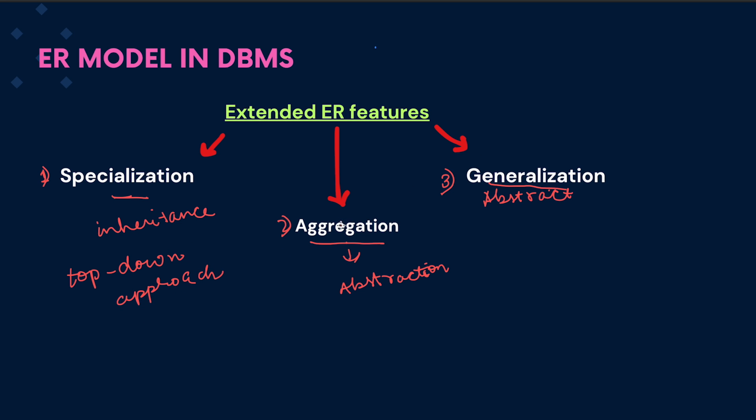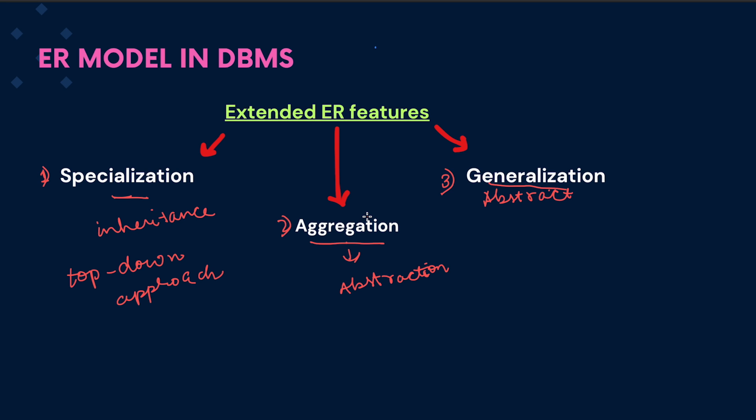Now coming to the second one, that is aggregation. Aggregation, from the word, means aggregating something. Sometimes there are relationships which are ternary relationships, where more than two entities are involved, or n-ary relationships in which 3, 4 or 5 entities are involved. When there is involvement of more than degree 2, the structure becomes very complex.